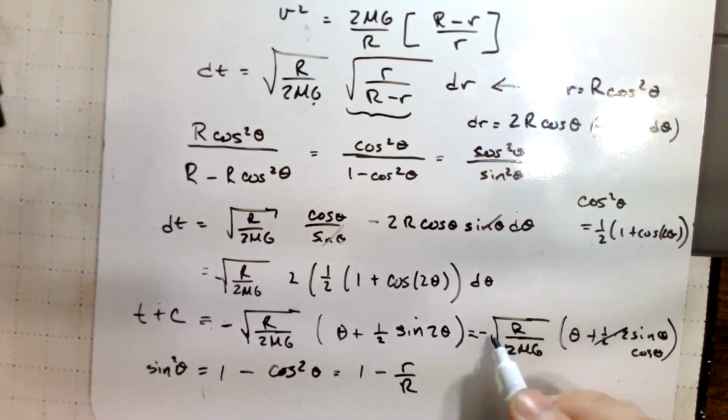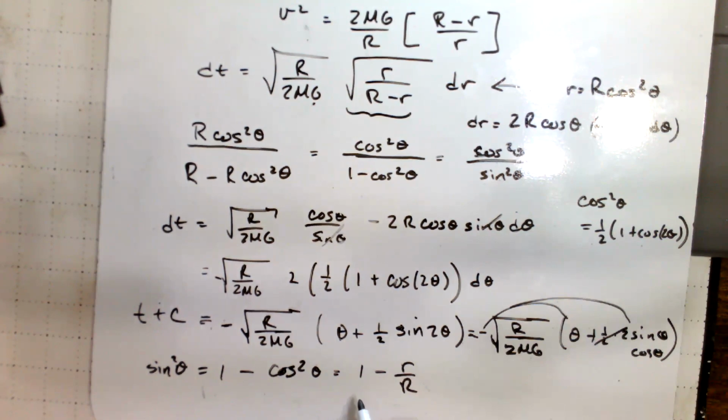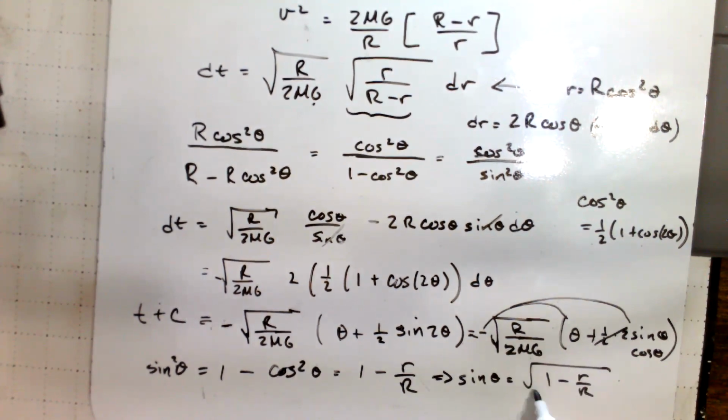So if I distribute that negative through, then we have 1 minus r over R. And if I take the square root of that, that implies that sine of theta is equal to the square root of 1 minus r over R, which is exactly what it says.